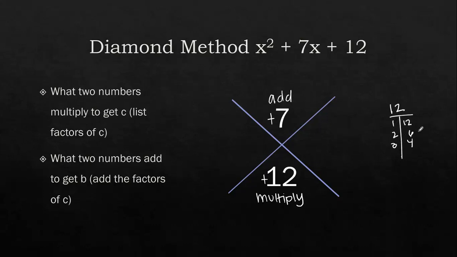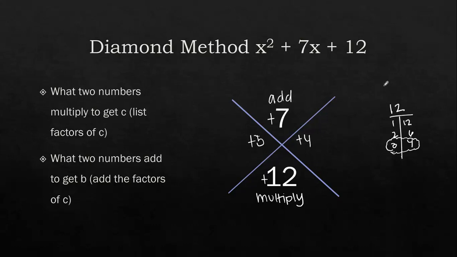When you list out the factors of 12, you can figure out which pair would add to get 7 as well: 3 and 4. So these are my two factors, the positive 3 and the positive 4.